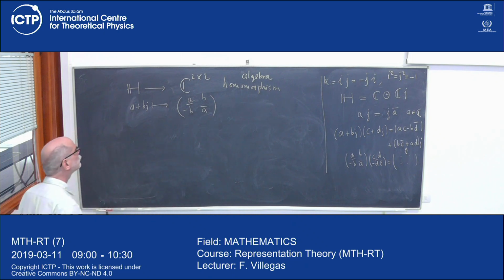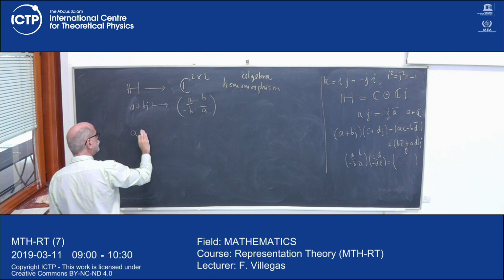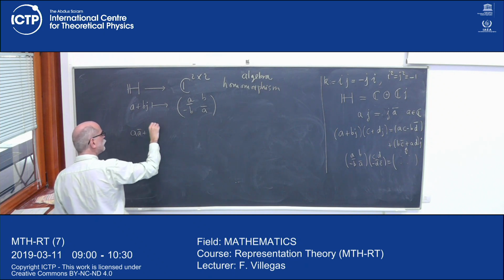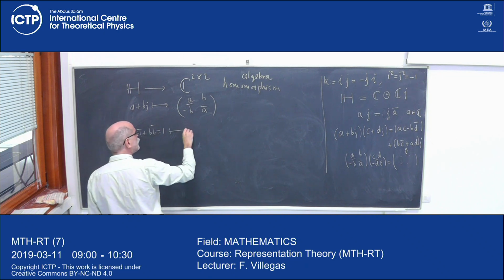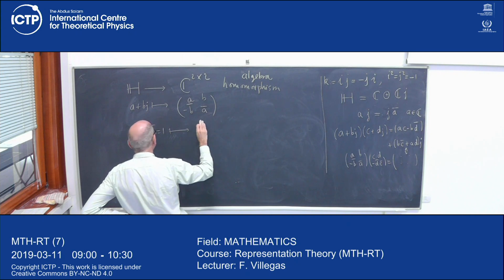This is an algebra homomorphism, and somebody here which satisfies that a a bar plus b b bar is 1 gets mapped to somebody in SU2.